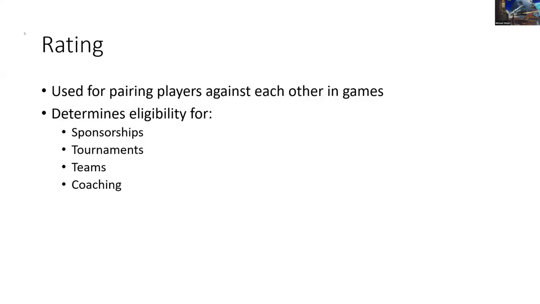Ratings are also used for determining eligibility for scholarships. Let's say you're an up-and-coming player, and some company or organization wants to sponsor you. They usually determine it by rating. Also for tournaments, if your rating is a certain level, then you can play in certain tournaments or sections. Ratings are used for teams and coaching. So overall, ratings are pretty important.